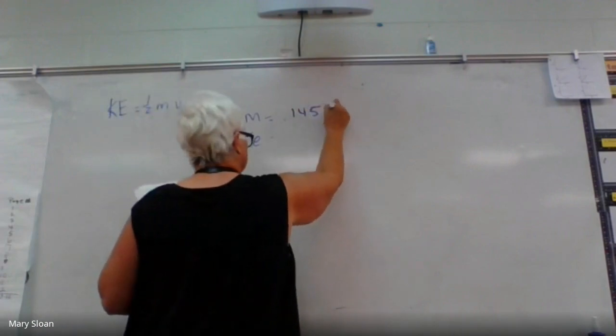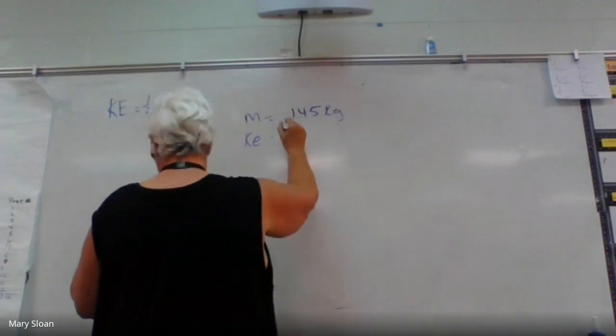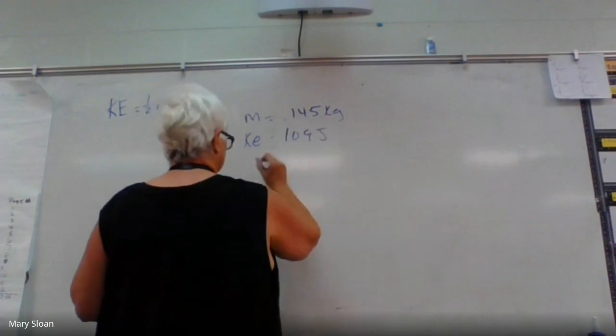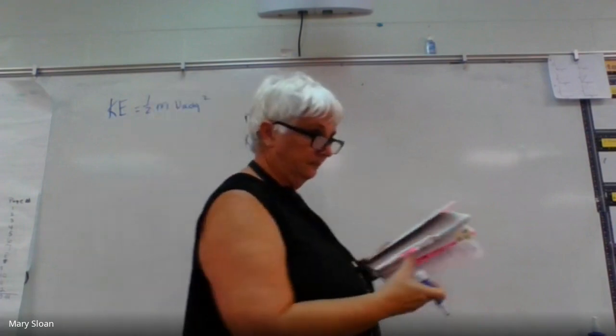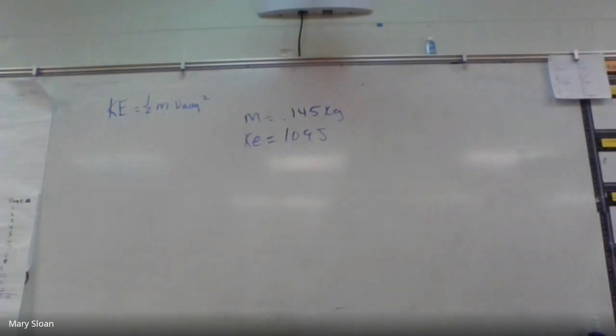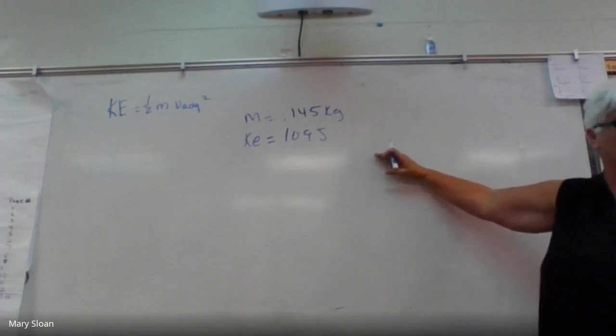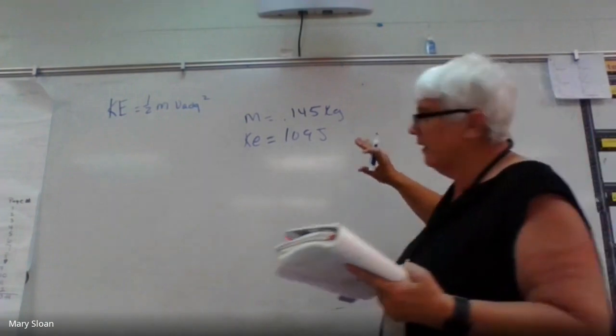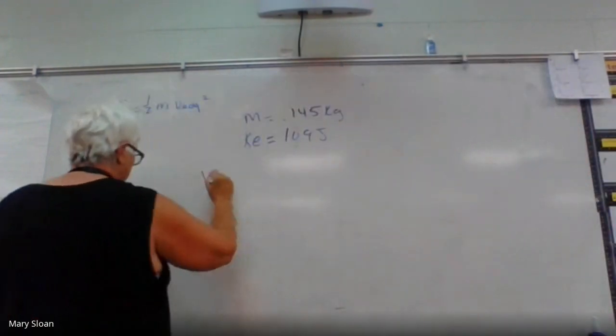It says here, what is the speed of a 0.145 kilogram baseball if its kinetic energy is 109 joules? All right. Is this what you have so far? Okay. We're going to do the same thing again because we're looking for velocity.